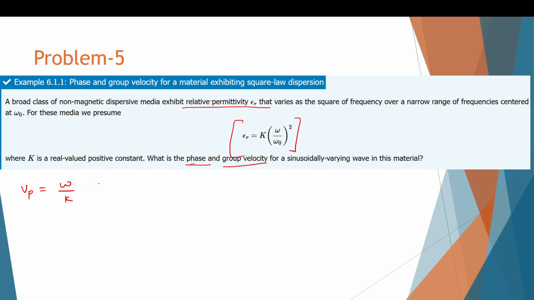For doing this, we first need to find what k is. I think we did this previously, right? k is nothing but omega root mu epsilon.